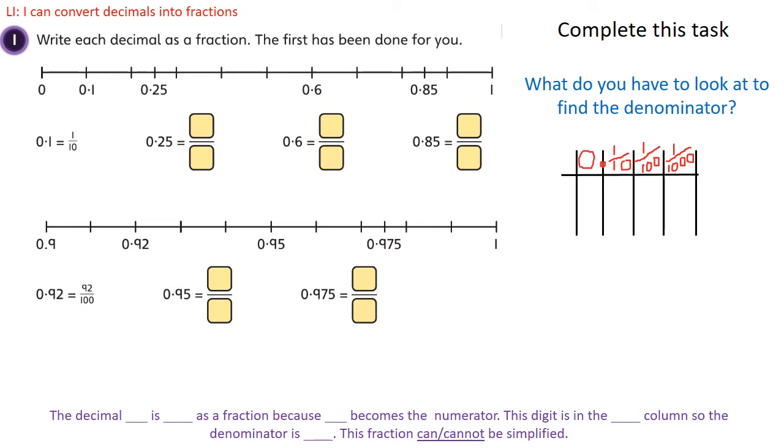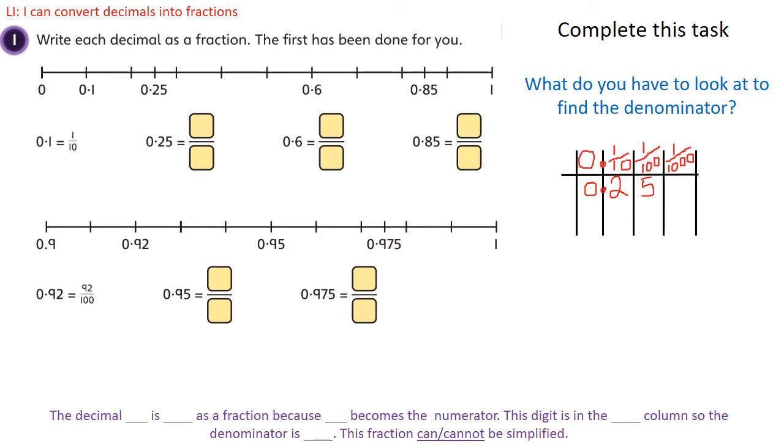So we've got 0, which is in the ones column, then our decimal point, and then we've got 2, 5. By writing it in the place value chart, we can see what column our last digit comes in. So in this case, 5 is our last digit, and 5 is in the hundredths column.